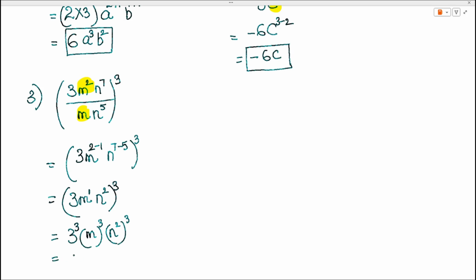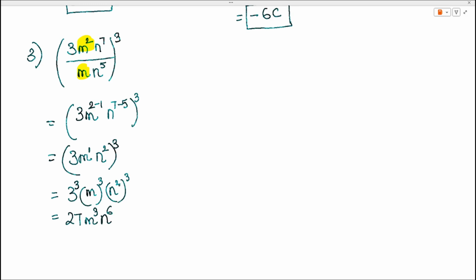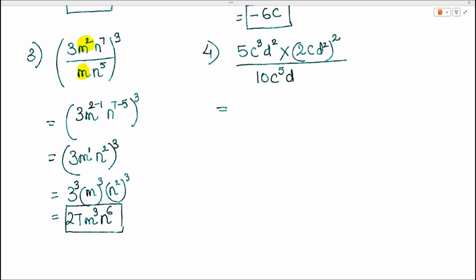So this gets equal to 3 raised to the exponent 3 is 27, m raised to the exponent 3, and here we are now applying the power of a power rule. So here we'll multiply the exponents together, and this becomes n raised to the exponent 6, and this is our final answer.